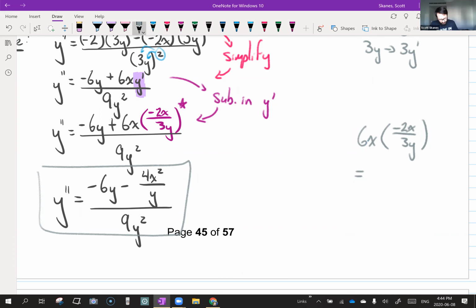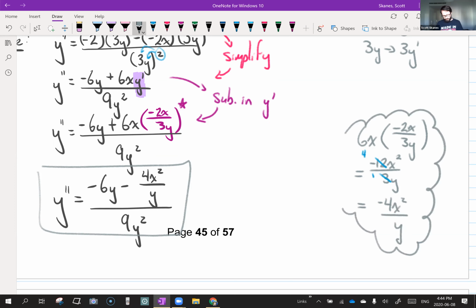Another way to think of it, multiply the tops, you get negative 12 x squared on top over 3y, and then you can cancel or simplify. That gives a 4 on top and a 1 on bottom. You see it now?